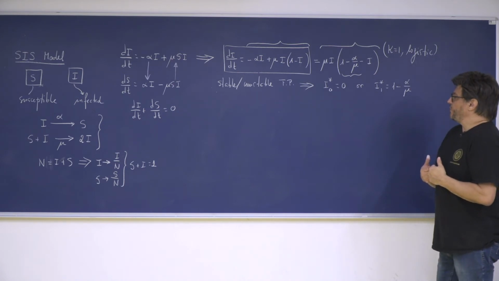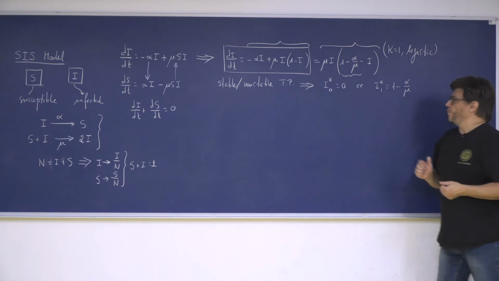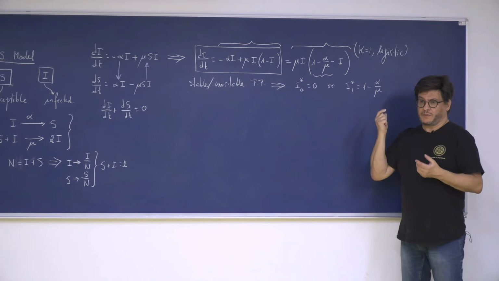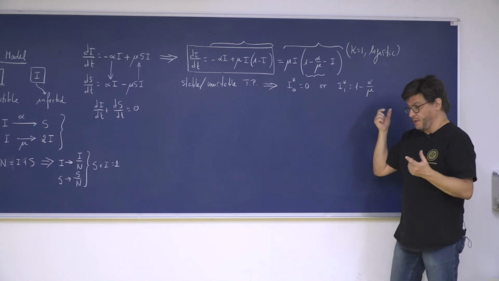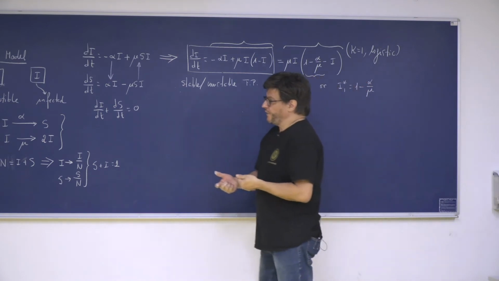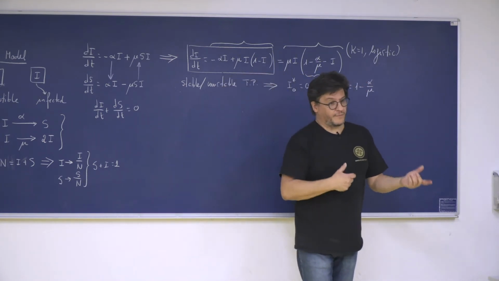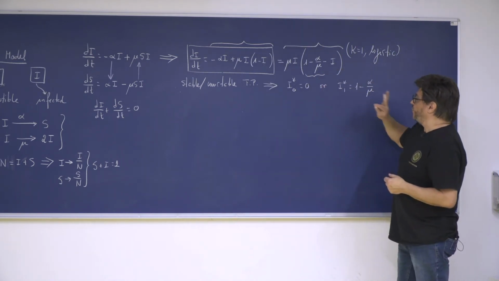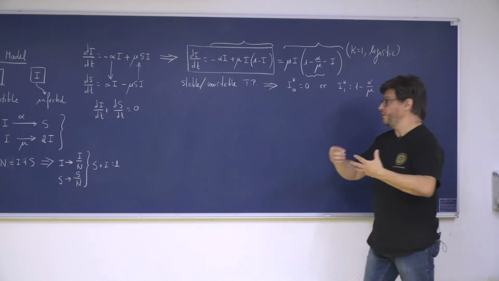Okay, so how do I know if this is stable or not stable? Well, this is an interesting situation because now stability is not going to be black or white. It's going to depend on the parameters, depending on how efficient is the virus for infection, how strong is the recovery process, I will have or not propagation, okay? Very good. If I do the stability analysis, let me remind you how it works.